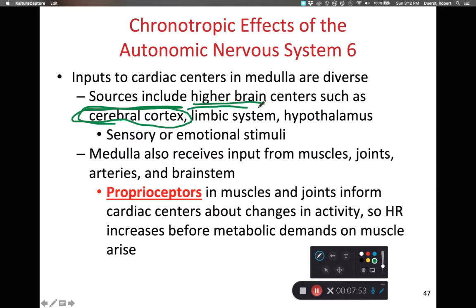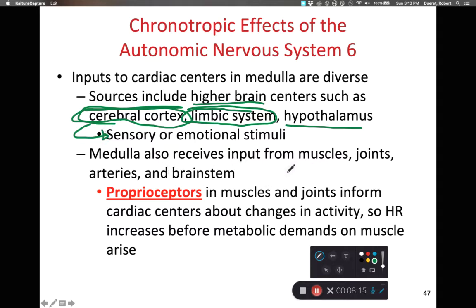You can have your emotional system, your limbic system, your sex, satiety, and sleep system cause you to have a change in your heart rate. The hypothalamus can also initiate a change in your heart rate. And we can have just a wide variety of other sensory or emotional stimuli.